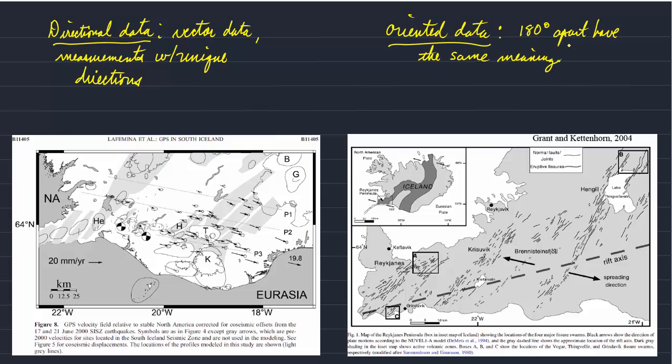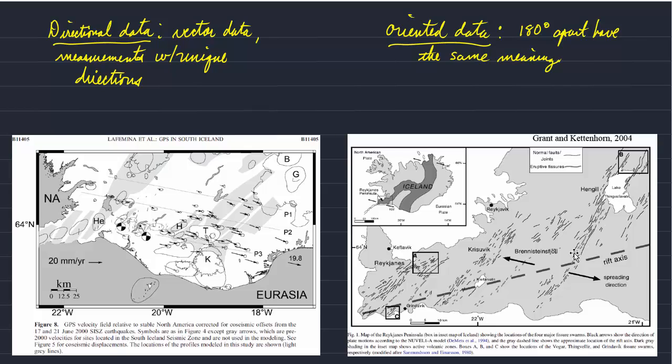And the example I have here is also from Iceland. This is in the Reykjanes Peninsula. And what's plotted are individual faults, normal faults, and fissures in the Reykjanes Peninsula. And the data here would be the strike of these individual faults.